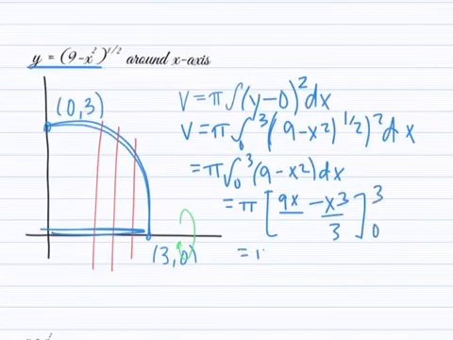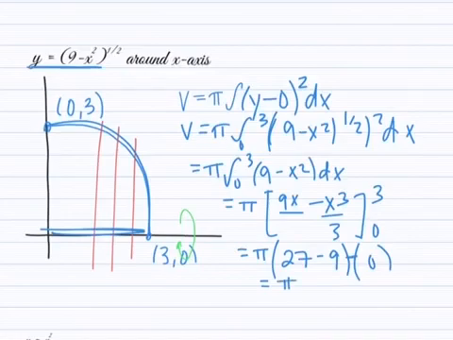Evaluate that out, you get pi times 27 minus 9 minus 0. So that is 18 pi as your volume.